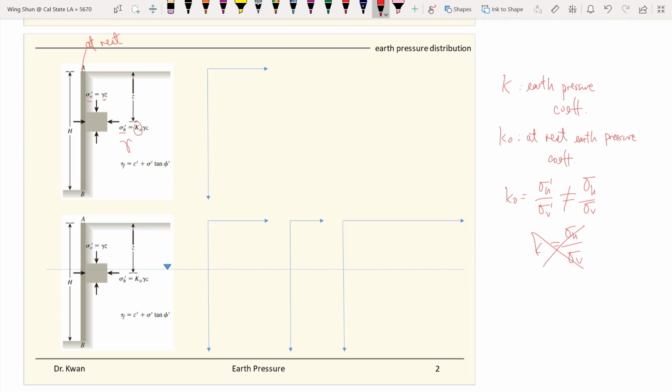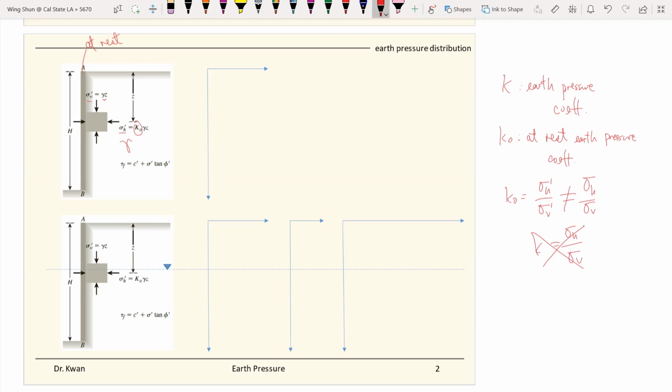Okay, so you have the stress now, and when we look at the stress distributions, assume that we have a homogeneous soil, which means that throughout the whole layer, or the whole stratum of the backfill, everything is the same in terms of unit weight.